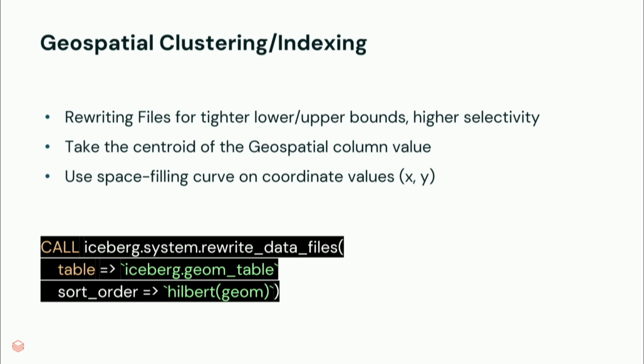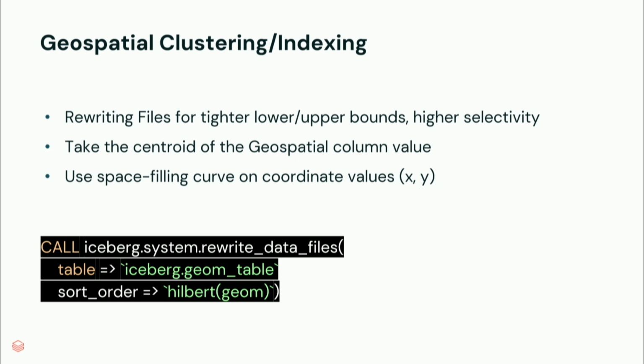Another cool thing you can do with Sedona on top of Iceberg is geospatial clustering or indexing. As you probably already know, because you already have this kind of bounding box statistic in Parquet and Iceberg, this has a huge impact on query performance and filter pushdown. If you want really good data pruning performance for Iceberg tables with spatial data, you need to order data based on their spatial proximity.